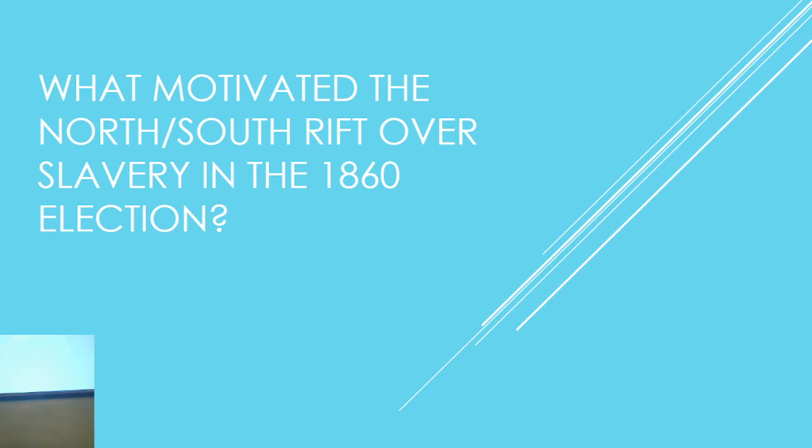But let me just first say a little bit about the election of 1860 and how it works. The Democratic Convention for the choice of the Democratic candidate started in April of 1860 in Charleston. Through the presidency of James Buchanan, which had been from 1856 to 1860, there was a sense on the part of Northern Democrats that the Southern Democratic Party controlled the presidency, that Buchanan was sort of controlled by Southerners.